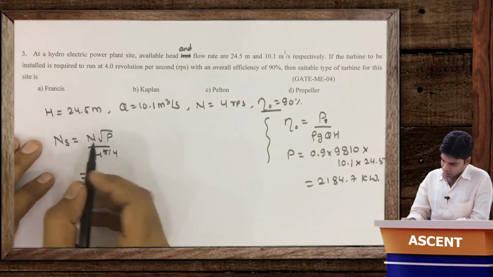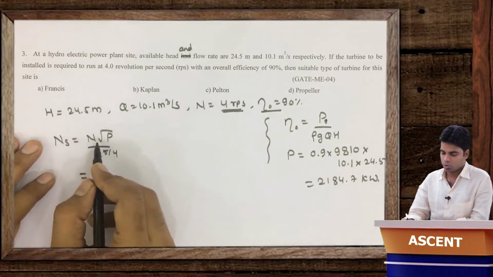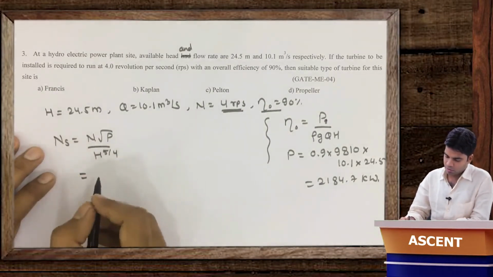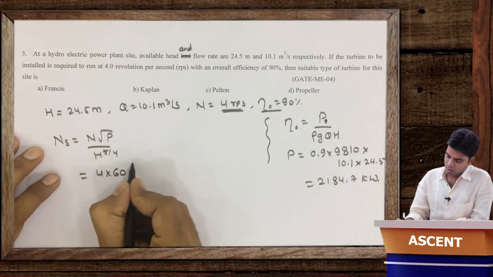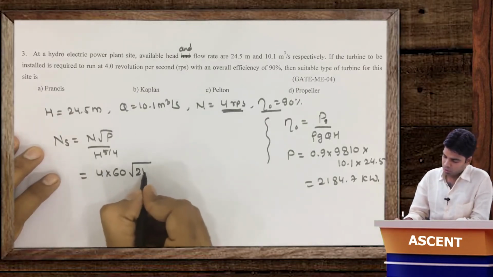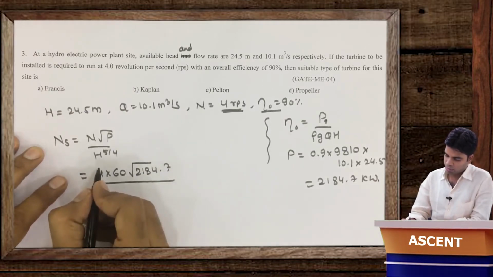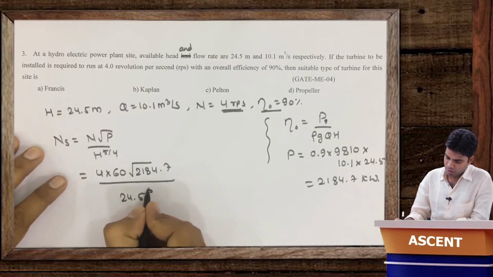Now this N is given as 4 RPS, but here N should be in terms of RPM, then only we will get this Ns in terms of RPM. So this will be 4 into 60 into under root of P, which is 2184.7, divided by H raised power 5 by 4. H is given as 24.5 to the power 5 by 4.